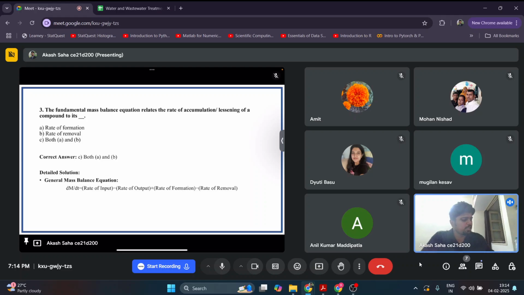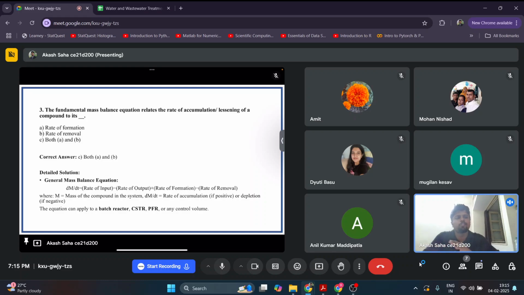Similarly, in this formula, M denotes the mass of the compound and dM by dt is the rate of accumulation if positive or depletion if negative, or lessening as mentioned in the question. So this equation can be applied to any batch reactor or a CSTR or PFR. So for any control volume, any specific area, we can see what change is happening to a particular mass, whether it is increasing or decreasing, based on the input, output, formation and removal. So four things we have to check.